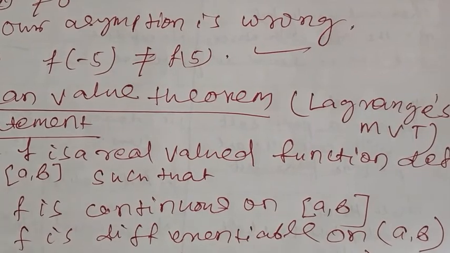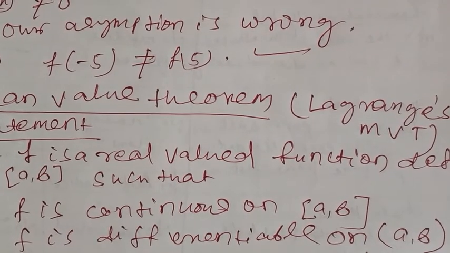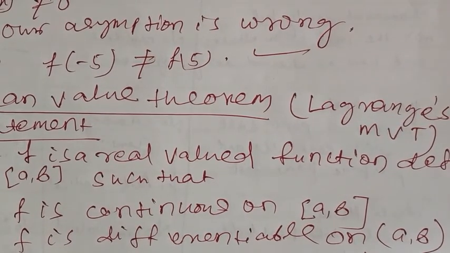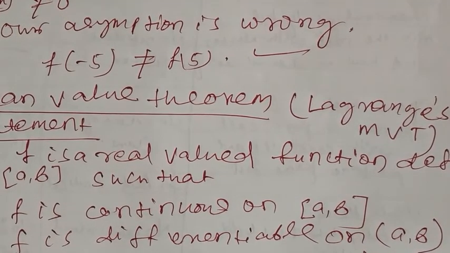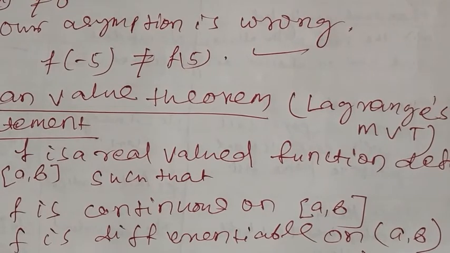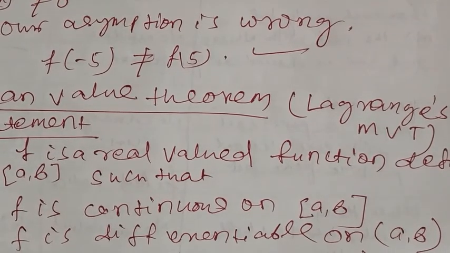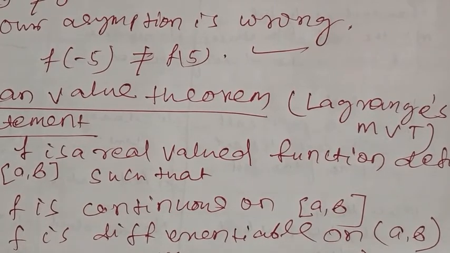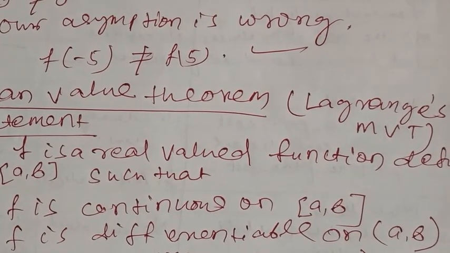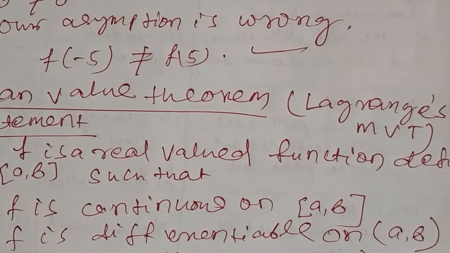F dash C means slope of the tangent. FB, y coordinate at B, minus FA, y coordinate at A, means y2 minus y1 by x2 minus x1. What is that? It is slope of the line joining two points.